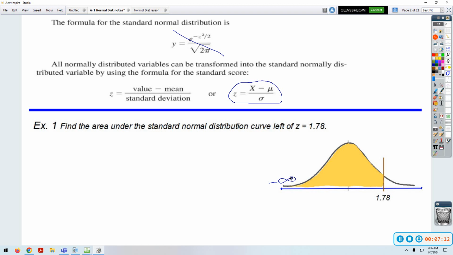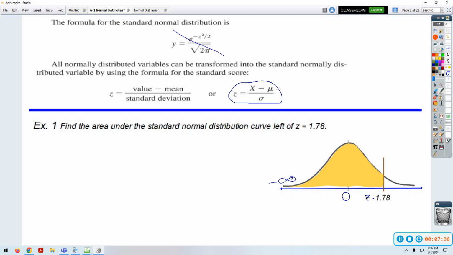Now remember, that is a z-score. The average is 0. This represents 1.78 standard deviations to the right of the mean. Our job is to find the amount of data that that z-score encompasses on this picture.